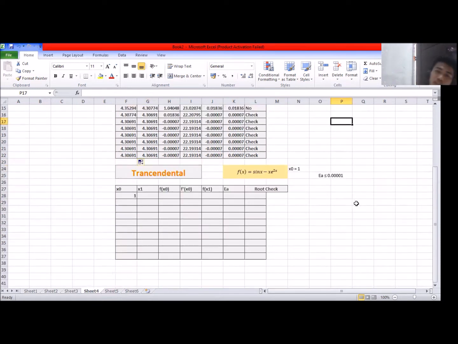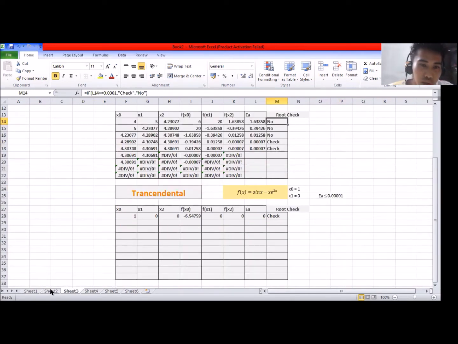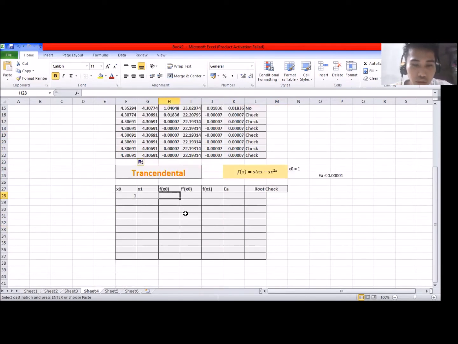So let's move on to the transcendental function. The particular function is f of x equals sine x minus 2x, exponent of x squared, plus 2x. So again, we need to copy the function here, then move it to get the function of x.